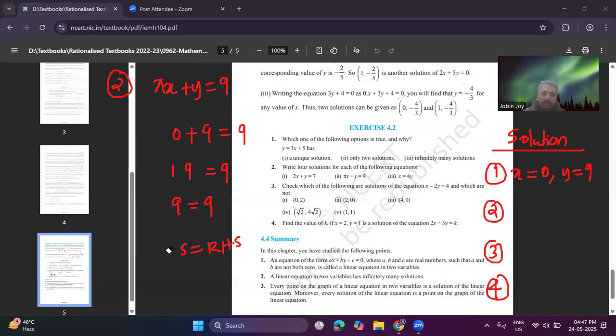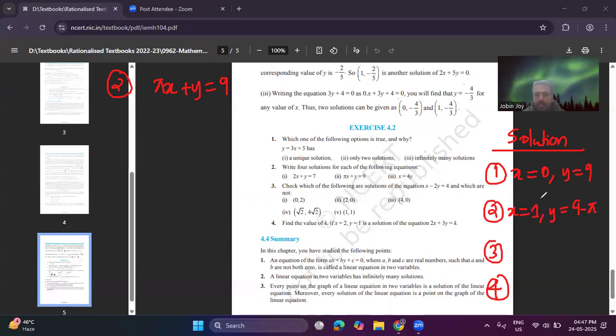So let's try the second solution. Put x equal to 1 and y is equal to 9 minus pi. So pi into x equal to 1 plus y is 9 minus pi equal to 9.